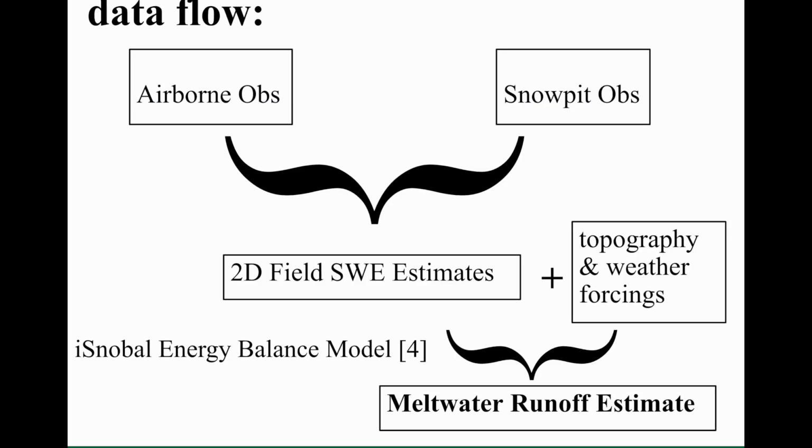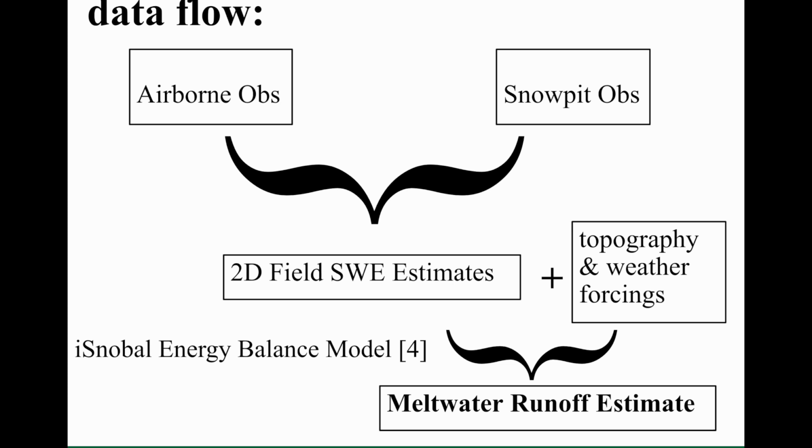To start with our data flow, airborne SWE observations are calibrated against snow pit measurements to generate a sparse 2D SWE field. This SWE field, combined with topography and weather forcings, feeds into the iSnowball energy balance method, a proven tool and open source code for basin-scale water resource forecasting, proven by a 2023 study by Meyer et al.